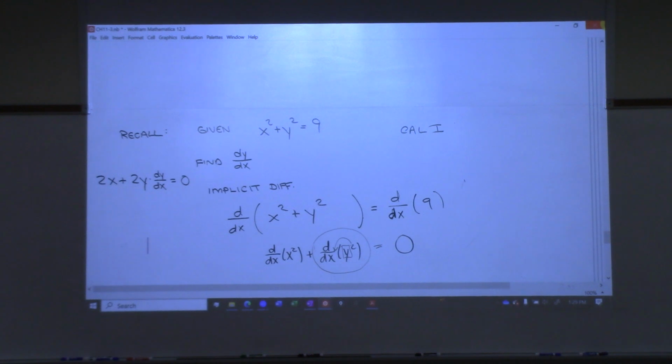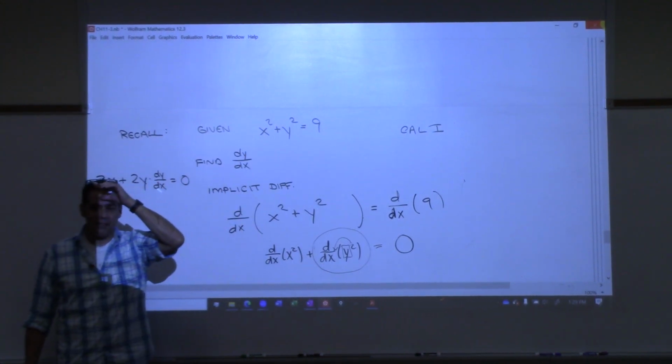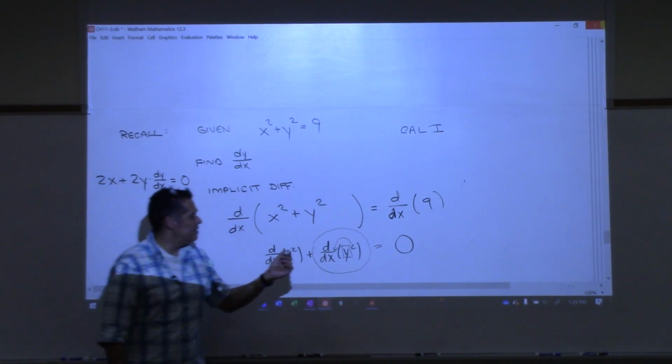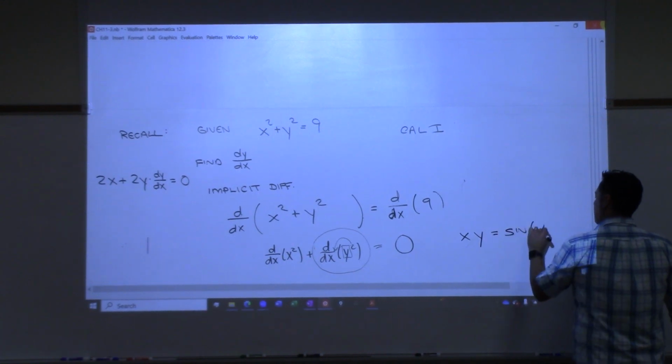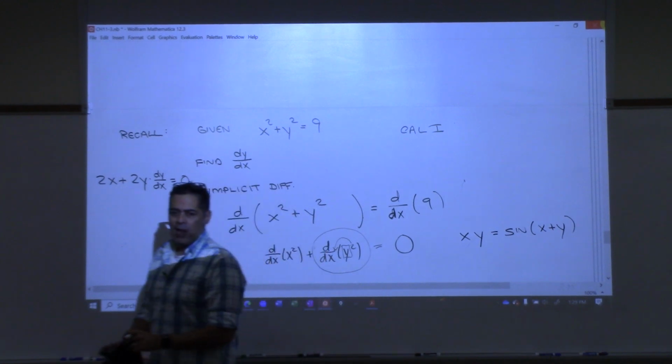If you don't remember, in Cal 1, the reason why we brought implicit differentiation in is because there are some equations where you cannot isolate x or y. Like you cannot get the x or the y by itself. An example of that would be this one. This is a very simple one. If I give you that, there's no way you can isolate y.